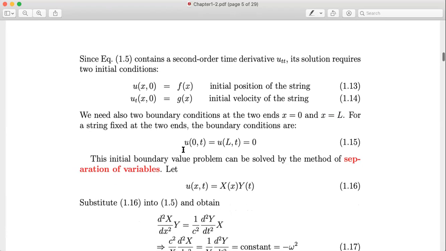So the displacement at those points has to be 0. So u(0,t) and u(L,t) have to be 0.